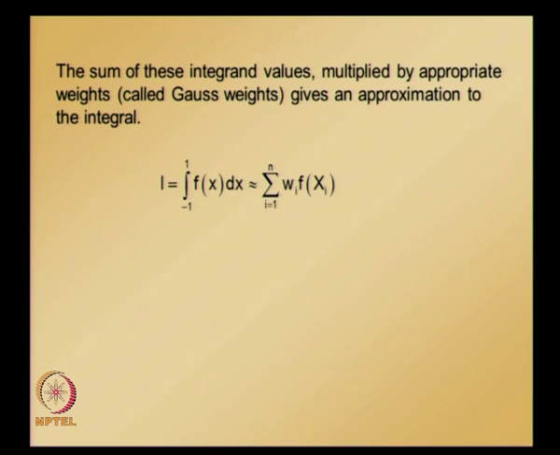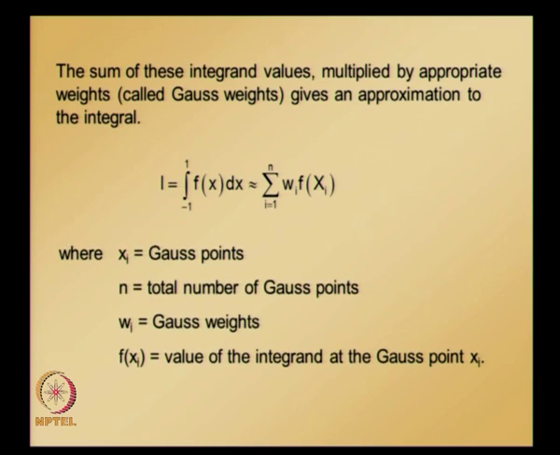At the predefined points x1 to xn, we evaluate the function and multiply with the corresponding weights of those points, w1 to wn. So xi is the Gauss point, n is the total number of Gauss points, w is the Gauss weight, and the value of the integrand at the Gauss point xi is f of xi.